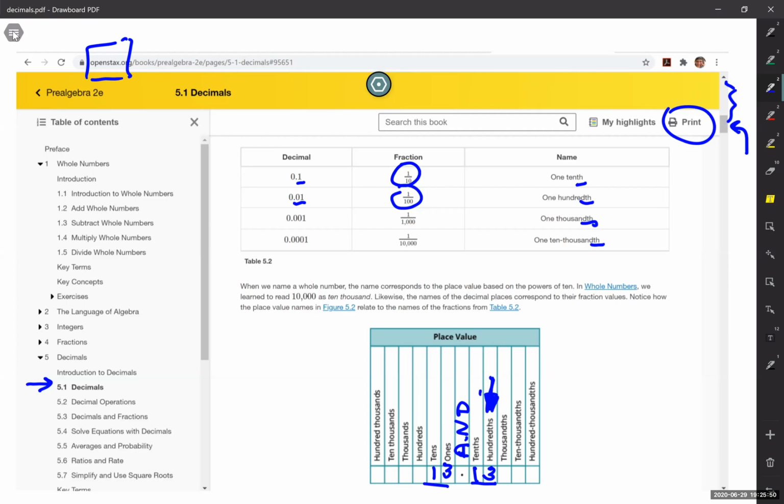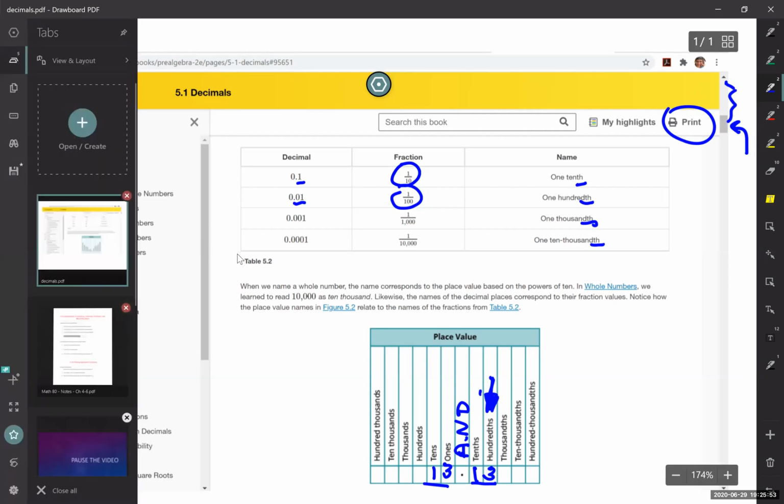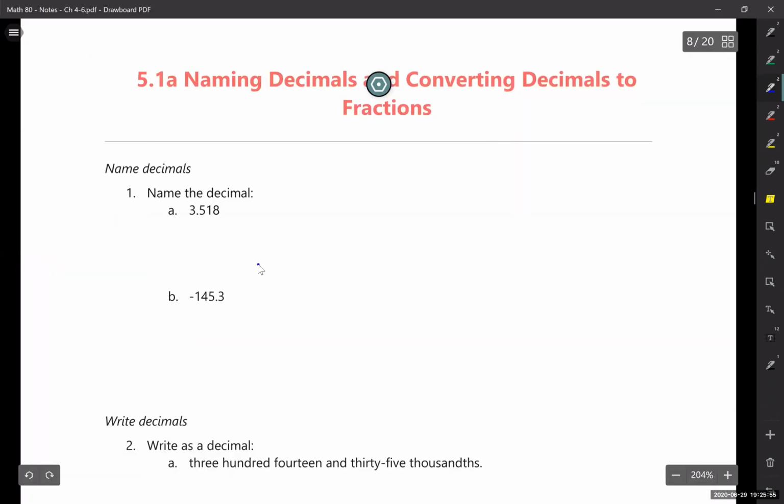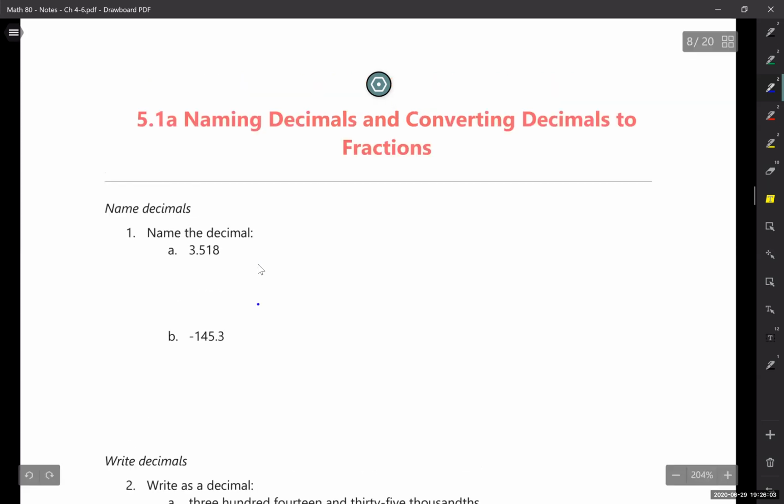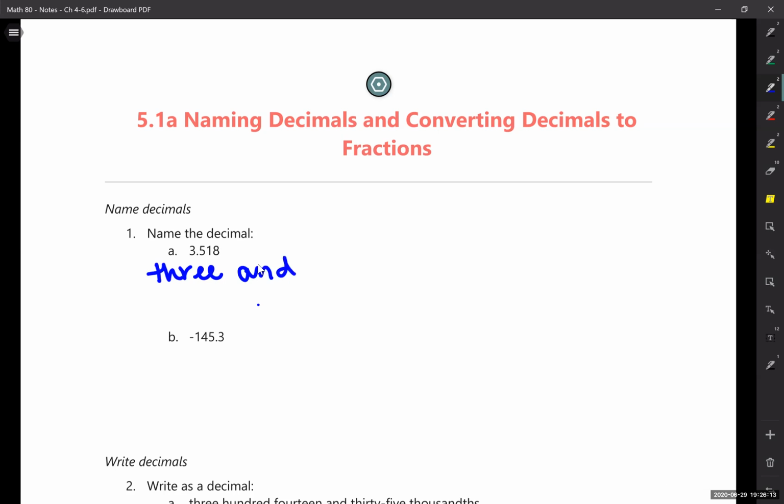Okay, so let's look at the actual notes. And the first number we have right here. I know everything before the decimal, that's going to be just reading that number, 3. Then there's the decimal, which is the word 'and'. And then I want to take this whole number, 518, and write that out.